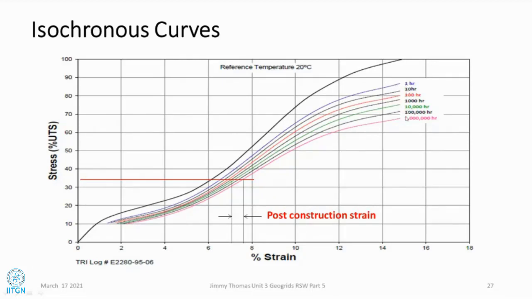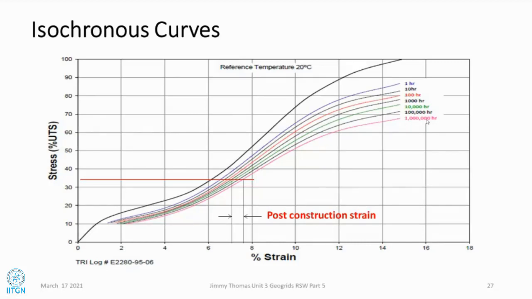Now if you want to estimate the post-construction strain, first I have to identify the end of construction. I am assuming it is something like 1000 hours, about 25 days. So that is this curve. I come along like this. For me, this is the starting point. Then I look at the design life of the structure. This will be 10 raised to 6 hours, which corresponds to 114 years.